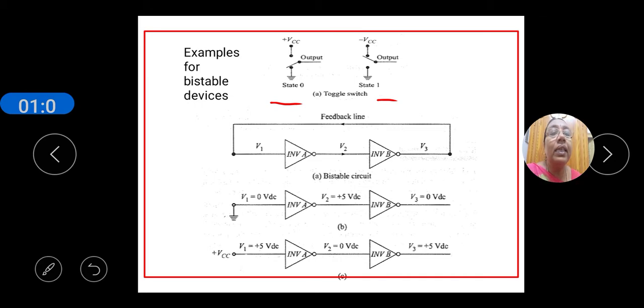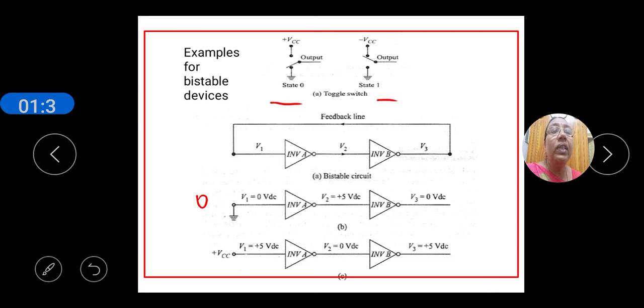The next circuit is a bistable circuit which is constructed using two NOT gates. Inverter A output is connected to the input of inverter B, and inverter B output is connected to the input of inverter A. Now there are two possibilities. When the input of inverter A, V1, is grounded, it is in the 0 state.